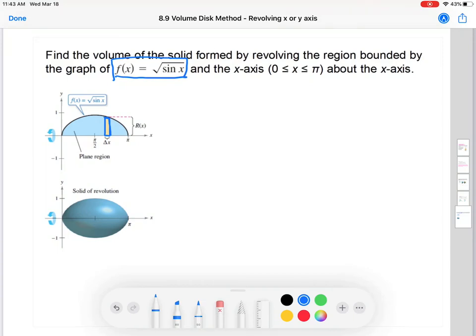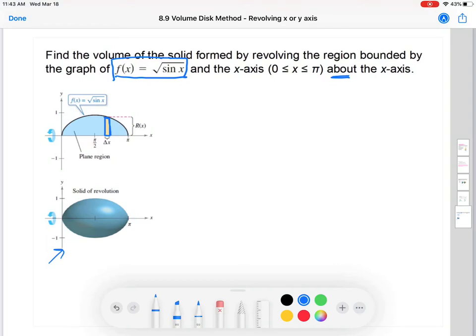So here we have a solid formed by revolving the region bounded by this graph, f of x is root sine x, and the x-axis, about the x-axis. So I just took a copy of the picture from the book, and we have our region. When we rotate it, here's the three-dimensional object down here. It kind of looks like a football or an egg or something like that.